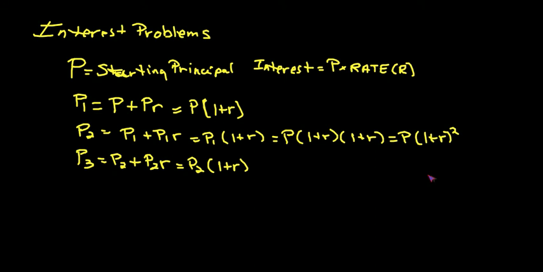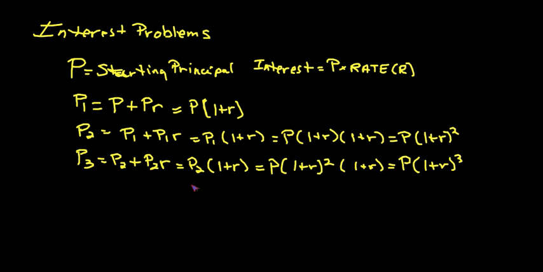So I could have P times 1 plus R all squared times 1 plus R. And obviously, again, same factor, second power, first power, third power. And this can go on and on and on as far as we need to take this.